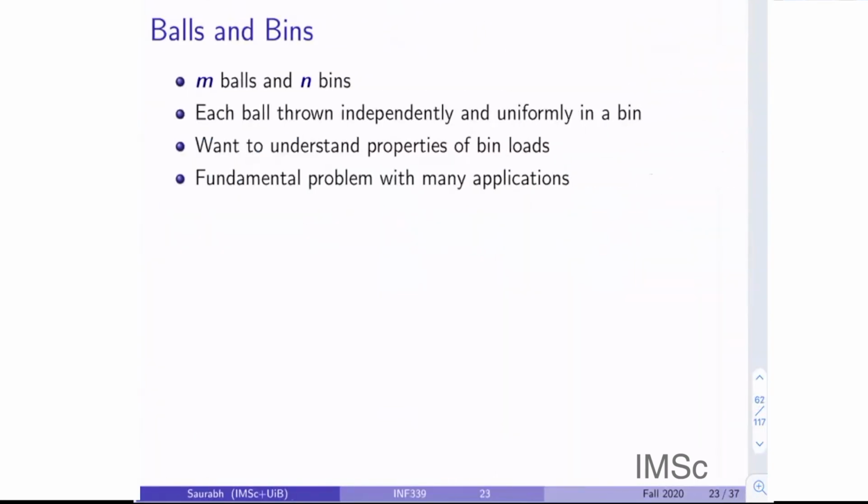So we have m balls and n bins: bin 1, bin 2, dot dot dot, bin n. And now we have m balls in our hand, and each ball is thrown uniformly at random. Basically, you choose one bin uniformly at random and you put that ball in that bin.